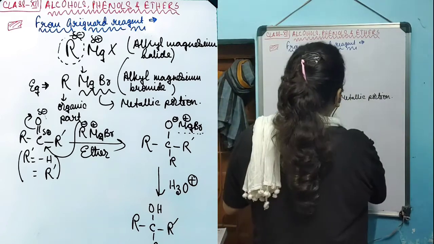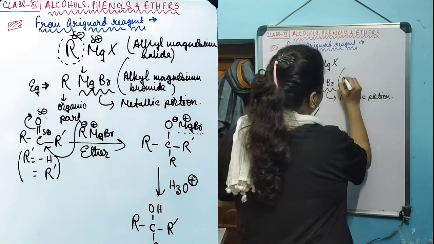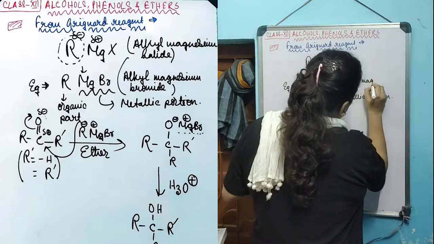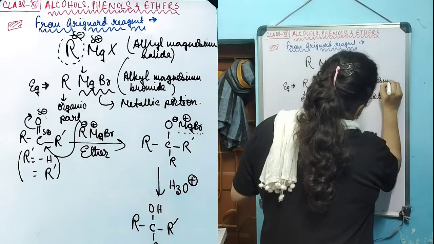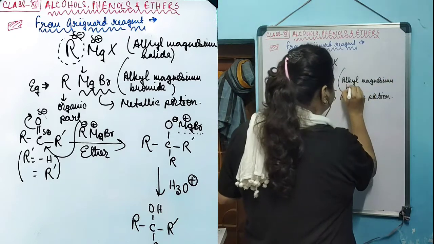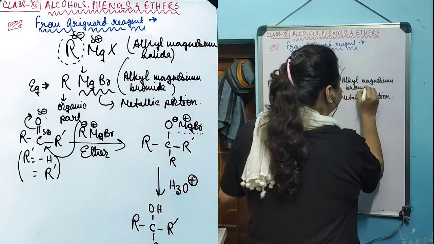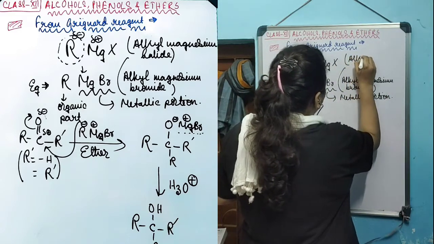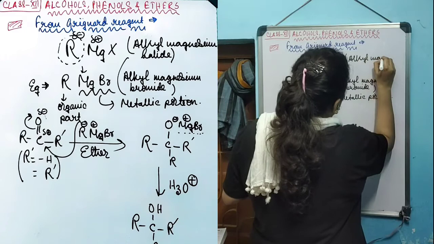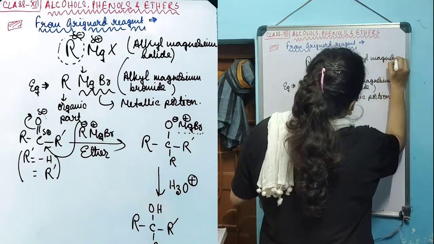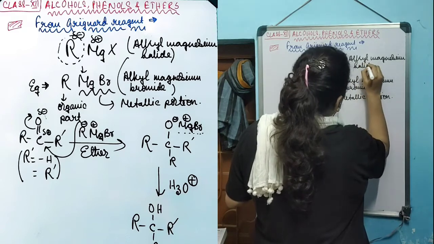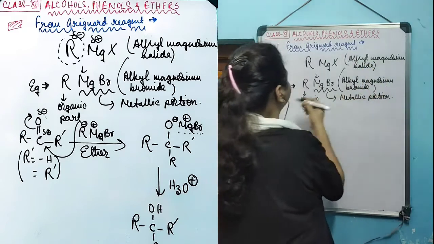In general, the name of this compound is alkyl magnesium bromide. The generalized form is alkyl magnesium halide. Depending on the halide and alkyl group taken, the name will vary.